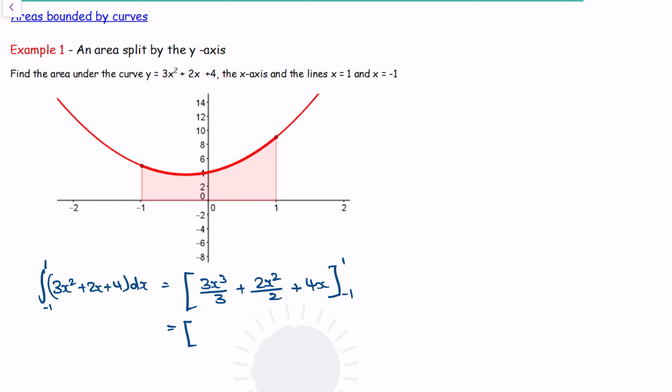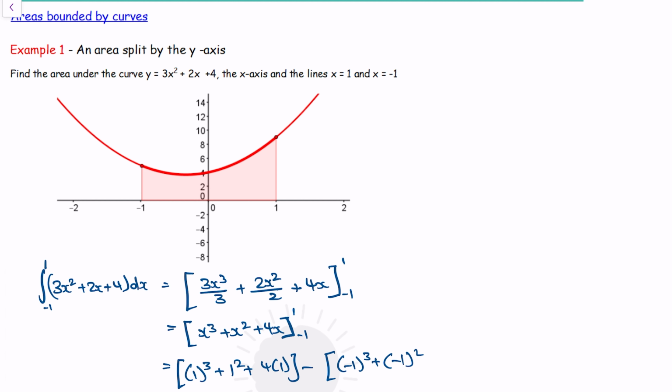If you simplify it, you get x cubed plus x squared plus 4x between 1 and minus 1. Substitute in 1 first. Subtract when you substitute minus 1 in. So you end up getting 6 is the first term, and the second term becomes minus 4. 6 take away negative 4 gives you 10.